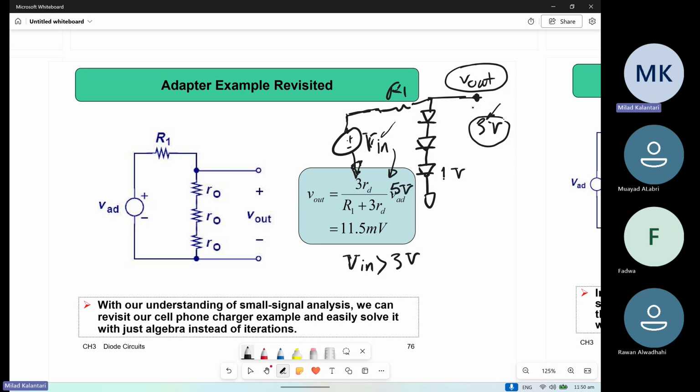You know that this output is around 3 volt because the 3 diodes are on, and you have some resistance here, so you know how much current is passing through these diodes, right? Let's say 100 ohm is here, something like this. So you know how much current is passing.